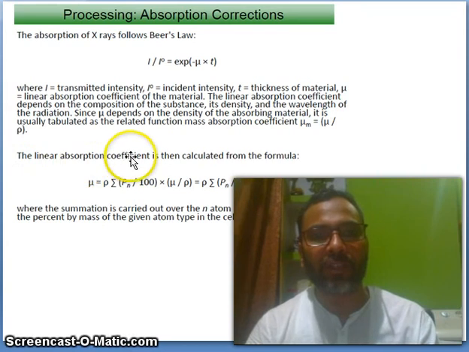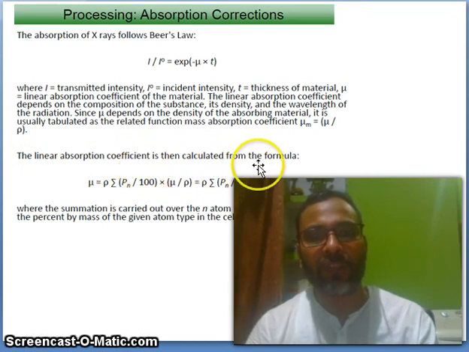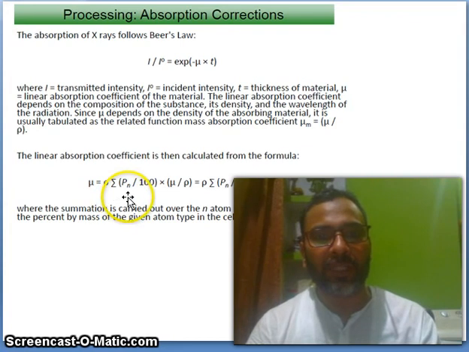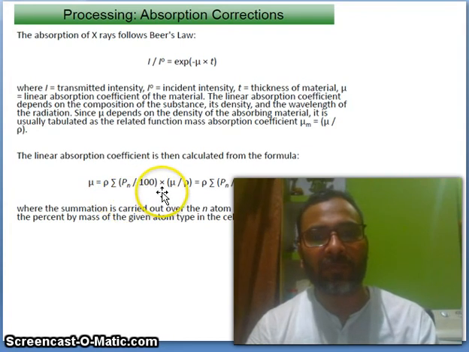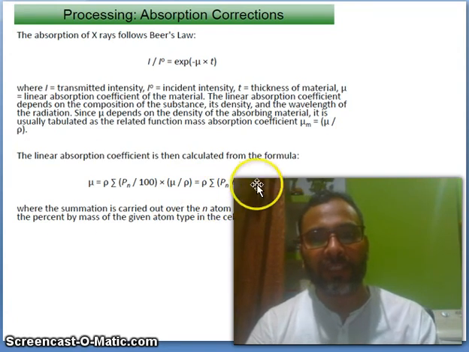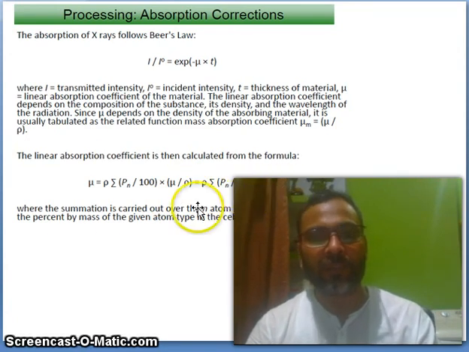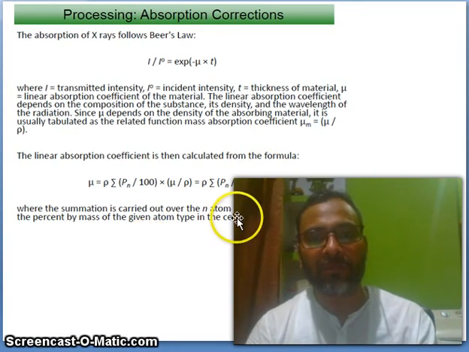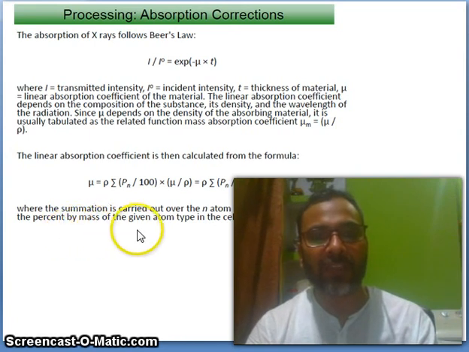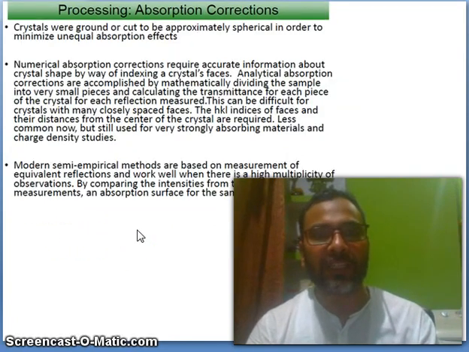The linear absorption coefficient is then calculated from the formula mu is equal to rho summation of Pn by 100 multiplied by mu by rho, where the summation is carried out over the n atom types in the cell, and Pn is the percentage by mass of the given atom type in the cell.